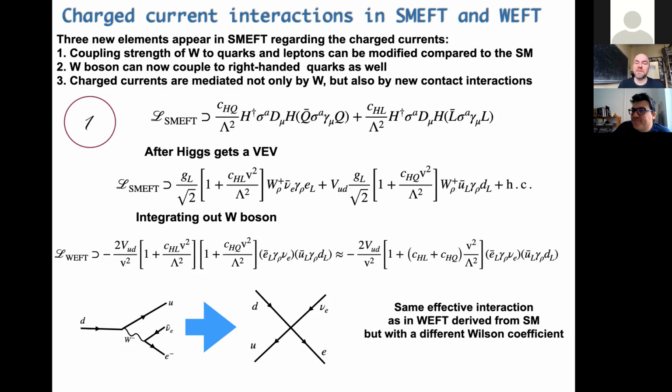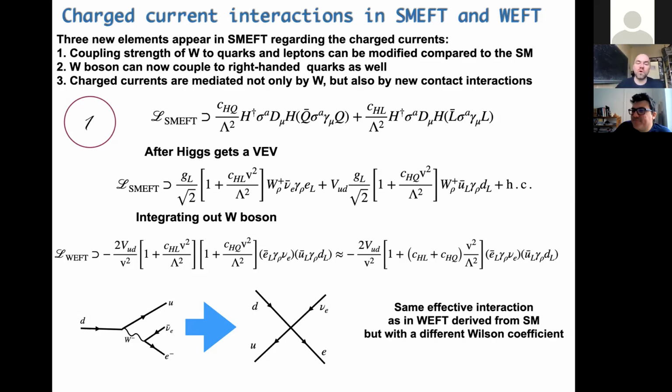So if you're starting with the SMEFT, you have, for example, these operators that are written down here in the middle, on the top. These are the dimension 6 operators between the Higgs and the quarks and between the Higgs and the leptons. When you insert the VEV of the Higgs, this covariant derivative contains a W, and one effect of this operator is that it gives you a new contribution to the W interactions with the electron and the W interactions with the quarks.